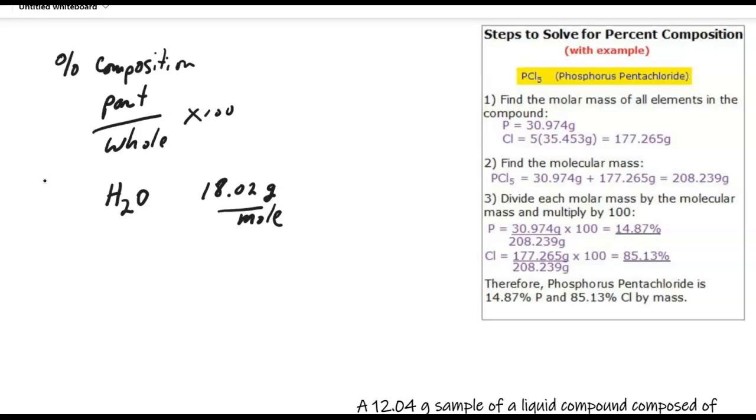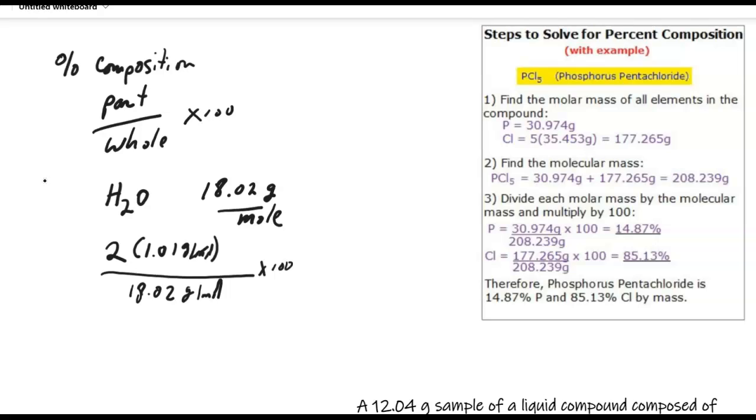Now, what percent of water is hydrogen? Well, let's think about this. I've got 2 hydrogens at 1.01 grams per mole, and I divide that by 18.02 grams per mole times 100.